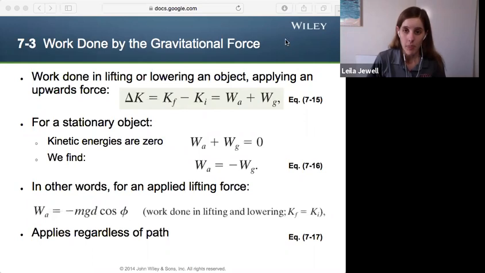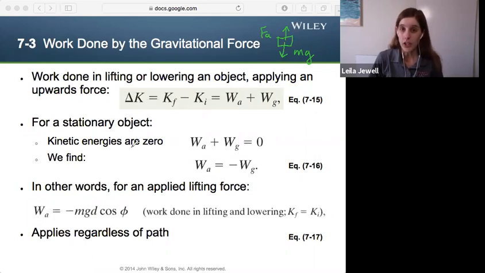So, let's see if I can get a sketch going up here. If we have, say, an object, the force of gravity is coming down, mg, and we're applying a force to support it, to fight gravity. So that'd be F sub A for the applied force of what we are bringing to the table.